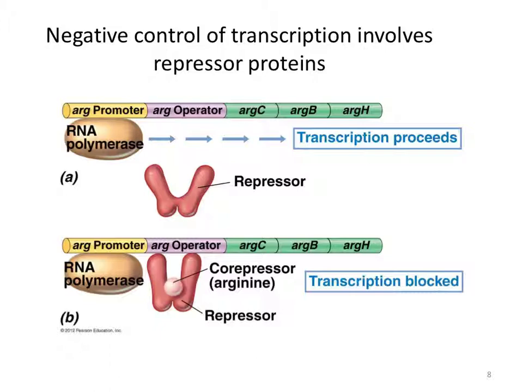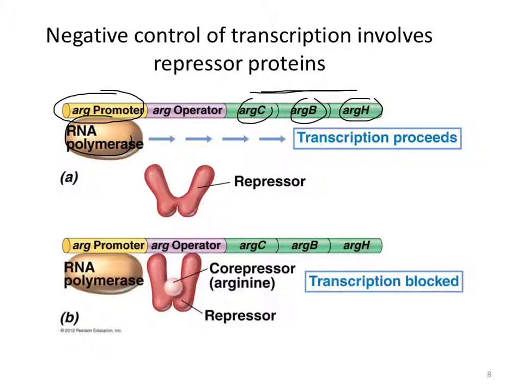These genes, ARG-C, ARG-B, and ARG-H, are all controlled by this ARG promoter. When RNA polymerase, shown here, binds to that promoter, it can then transcribe all three of these genes consecutively, resulting in one primary messenger RNA transcript that would then be cut apart into the messenger RNA for ARG-C, ARG-B, and ARG-H respectively, and then they would go off to be translated.